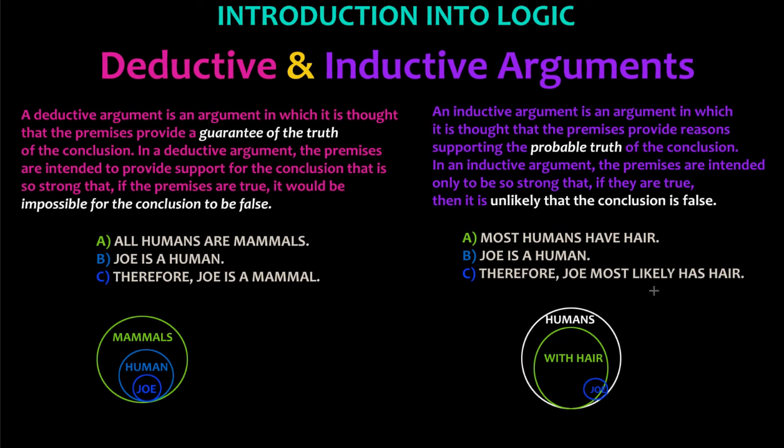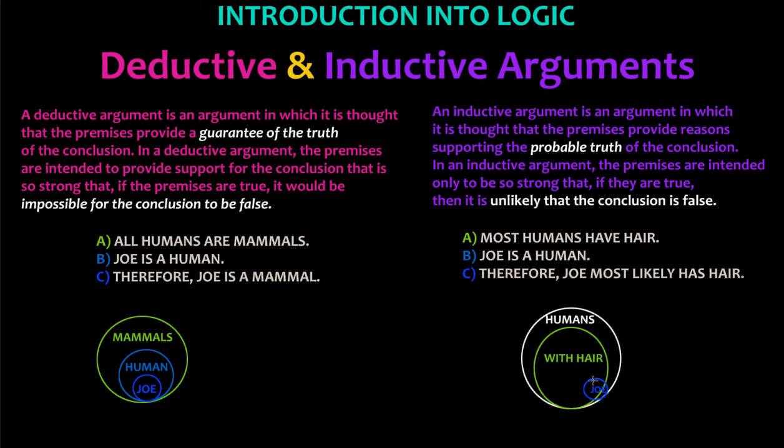It is possible he doesn't have hair, and that wouldn't contradict the relationship between A and B. If he doesn't have hair, it still wouldn't contradict C, because this isn't saying Joe does have hair. It's simply saying the percentage chance of Joe having hair is high, because most humans do have hair. A high percentage of humans have hair.